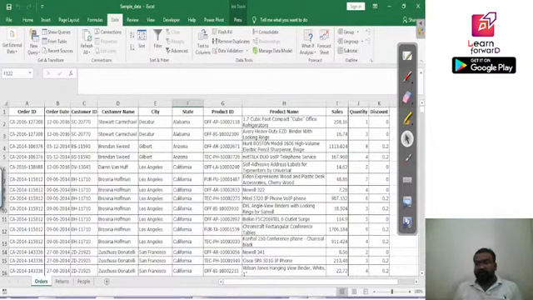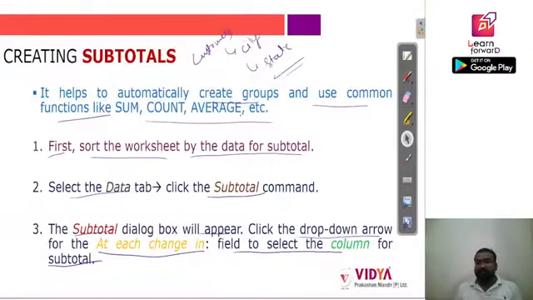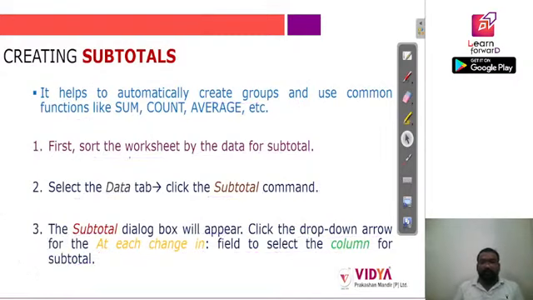This is the requirement for applying the subtotal: we have to first sort our worksheet based on that particular column or that particular data for which we are applying the subtotal. Clear?